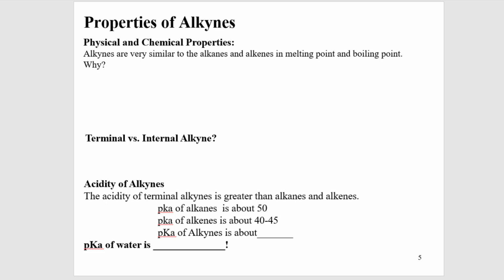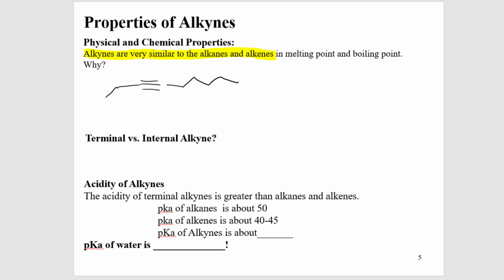Now, what about properties of alkynes? Well, again, we're not really seeing anything very different from the alkenes and the alkanes. On the whole, alkynes are very similar to alkanes and alkenes, again, because you've just got carbons and hydrogens, right? If all you have is an alkyne, no other functionality, it's not very polar. So it's not really going to increase melting points and boiling points. Why?